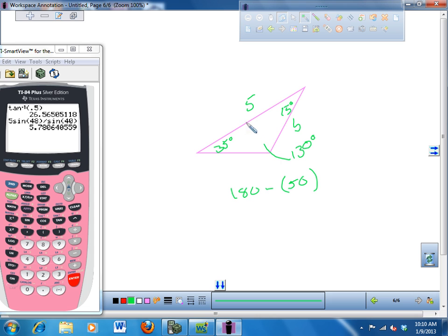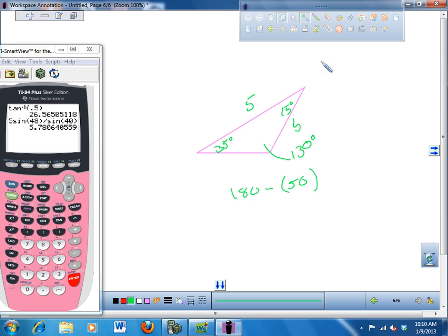Not really, because then it wouldn't be a right triangle. Well, you could use the cosine of 35 to find that one side. Yeah, but then you'd have to do another step. And it wouldn't be a right triangle if it was going straight up from here. Okay, so you can't do it.